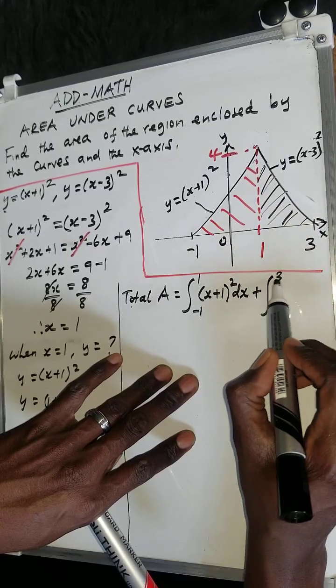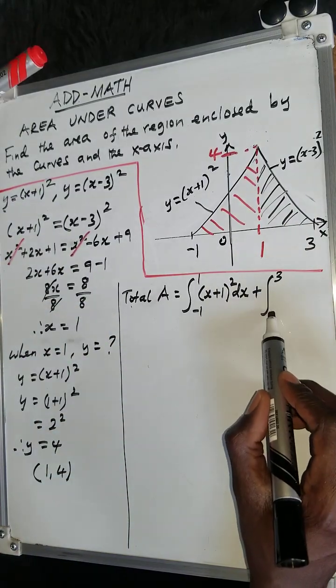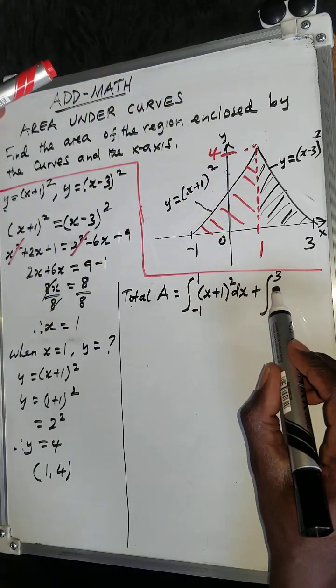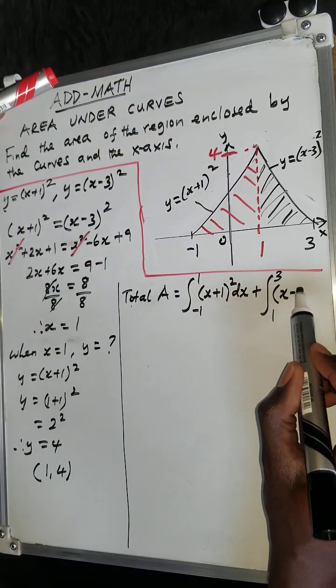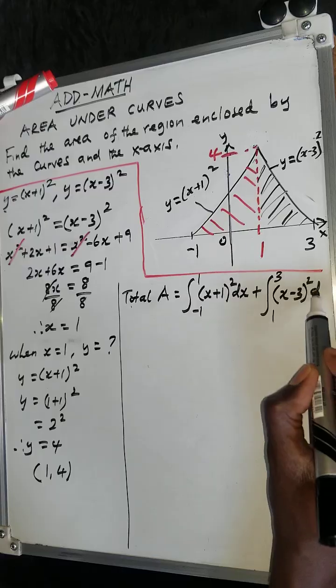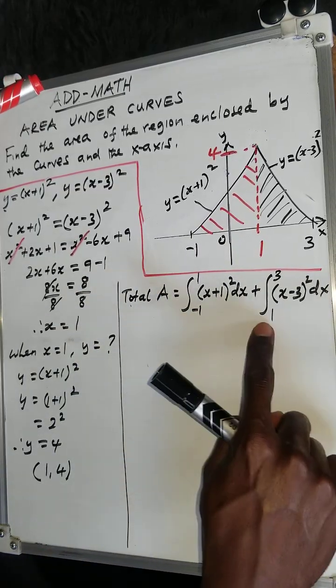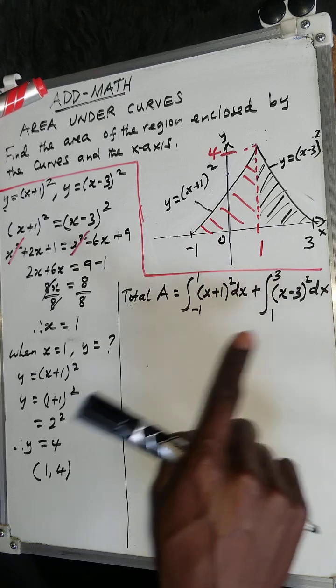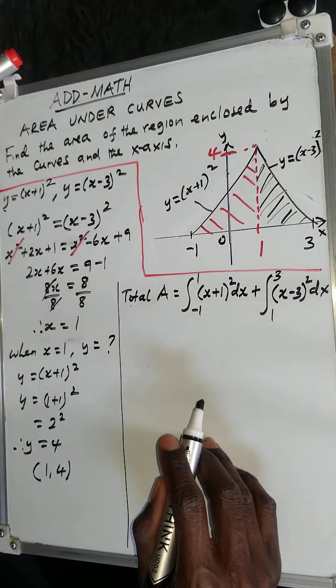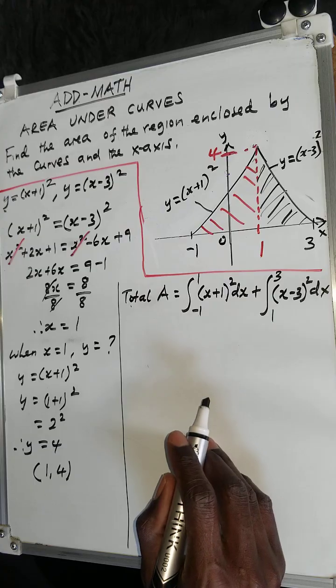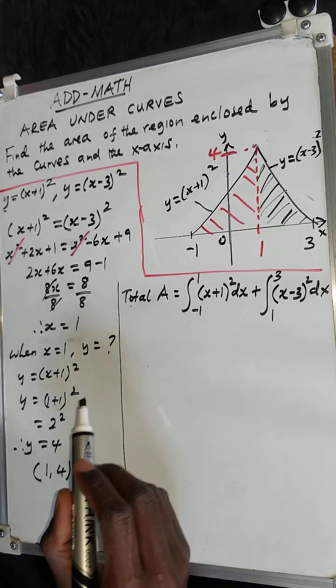The upper limit is 3 and the lower limit there will be 1 where they are intersecting. And what's the equation of that one? (x-3)^2 with respect to dx. So when you integrate that and you replace the limit, that is going to be it that we need to do there. All right, so that is basically the way it is going to be.